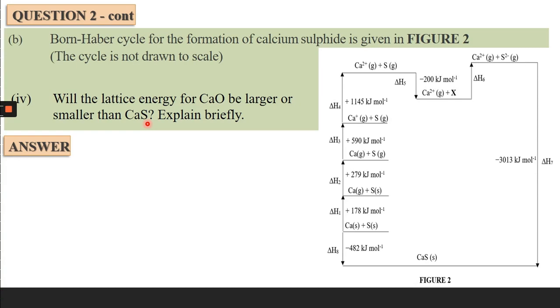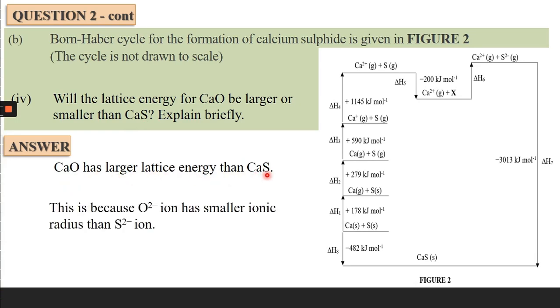So this factor is the size of ionic radii. So CaO will have the larger lattice energy than CaS. Reason why? Because the oxide O2 minus ion has smaller ionic radii than sulfide S2 minus ion. So these are the marks for this question.